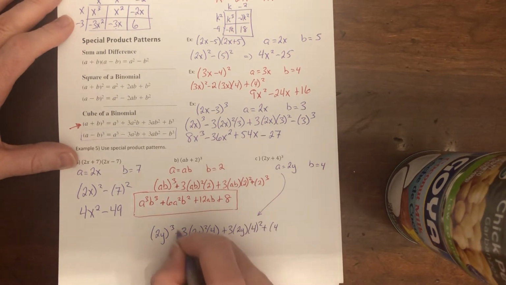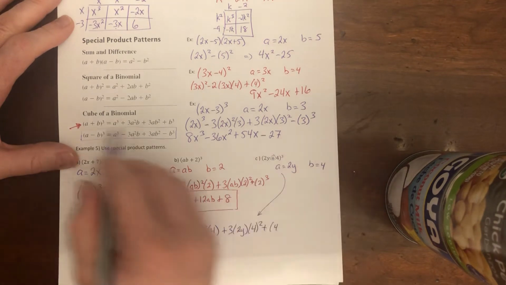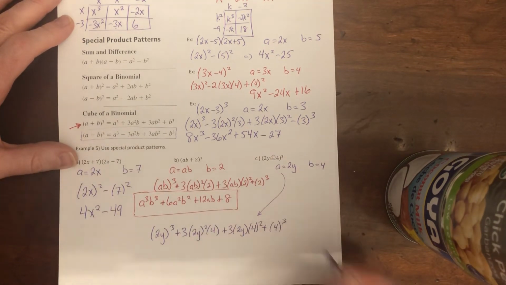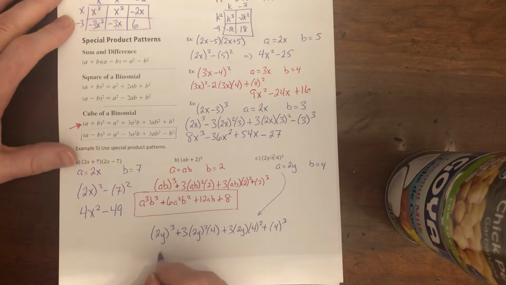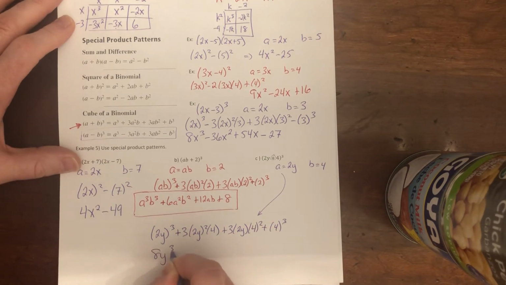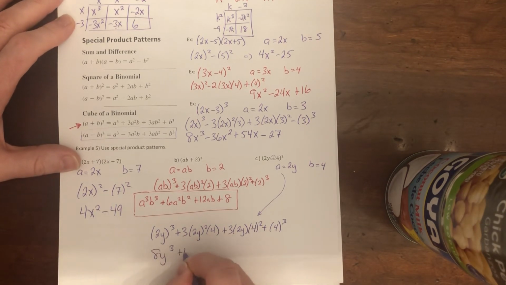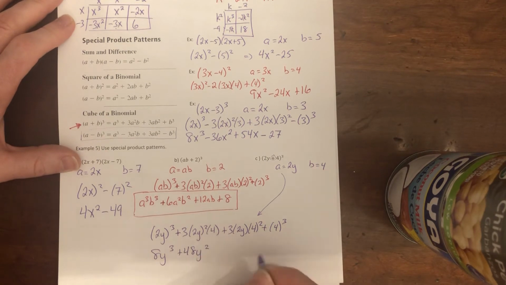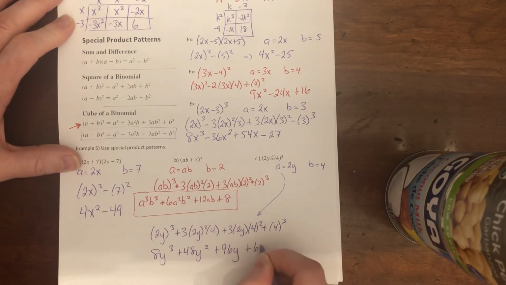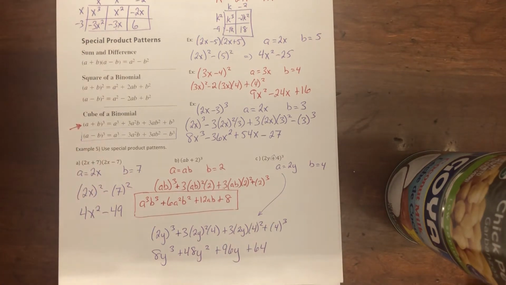Sorry, plus again. What am I doing here? These are pluses. Notice this sign here, those should all be pluses again. My apologies. We go through and do this. We should get 8y to the third plus 48y squared plus 96y plus 64. That can save you some time, just something else you can realize moving forward.